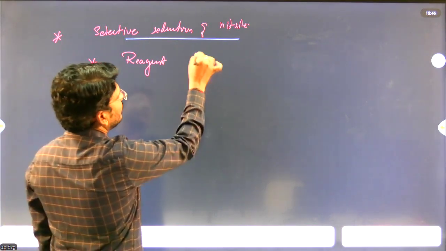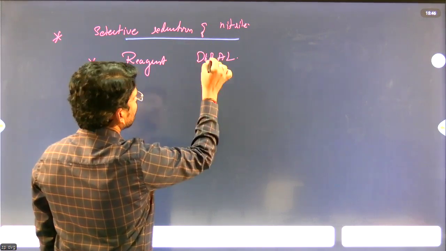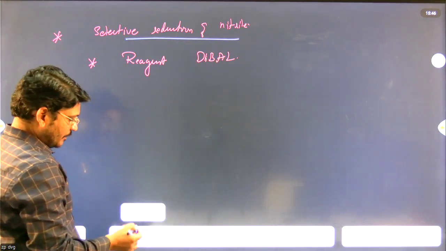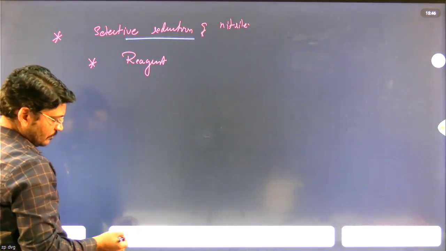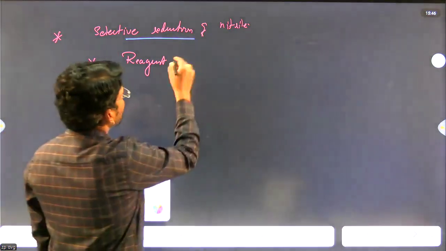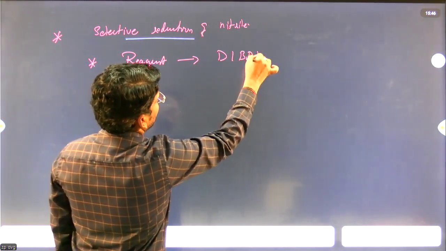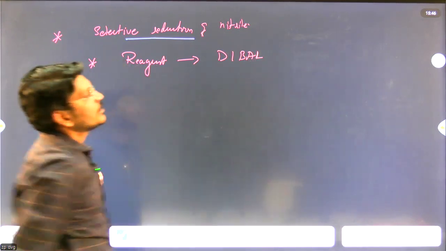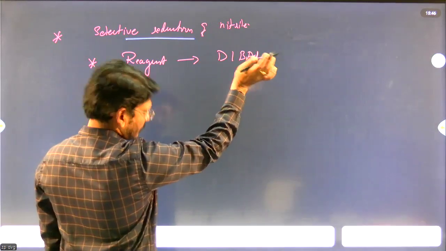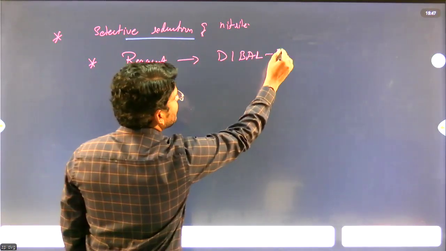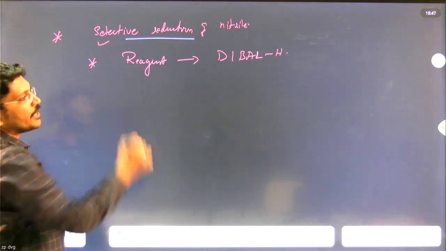That is DIBAL. DIBAL is nothing but diisobutylaluminum hydride. So DIBAL-H acts as a selective reducing agent.